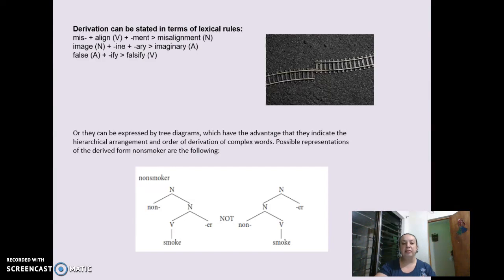For example, image, imaginary. Another way is to express it with tree diagrams, which indicate every argument of the derivation of the complex word. You look at the words in the different stages of derivation.